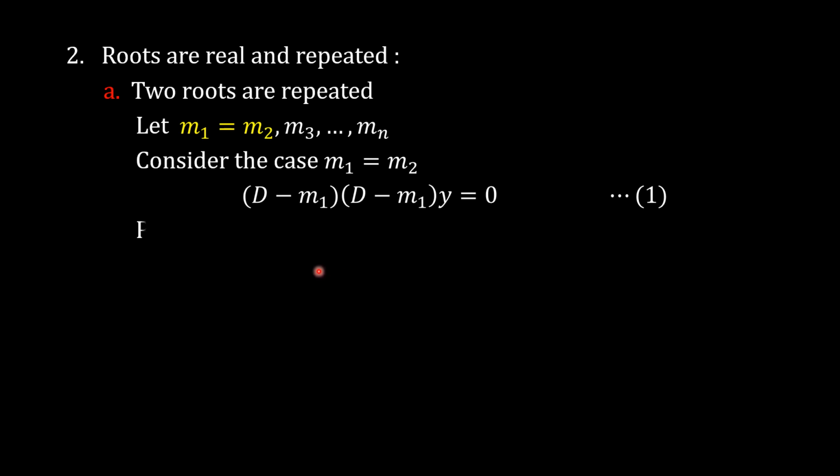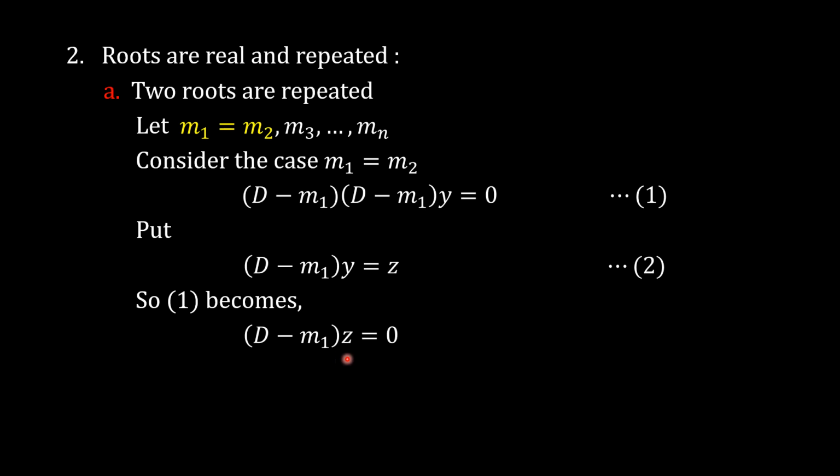Now put (D minus m1) of y equal to z. Call it as 2. Therefore 1 becomes (D minus m1) of z equal to 0. This is a first order first degree differential equation. Solve it using known methods. Its solution will be z equal to c into e raised to m1x.